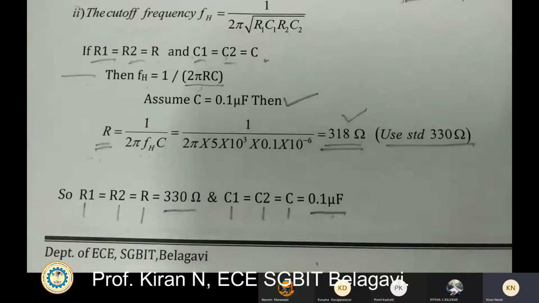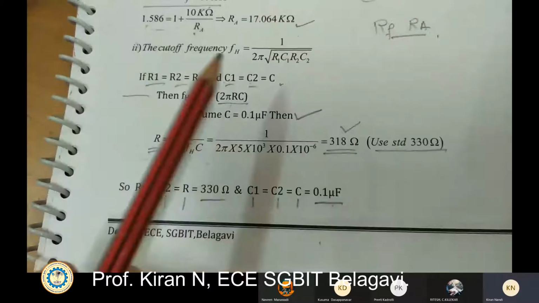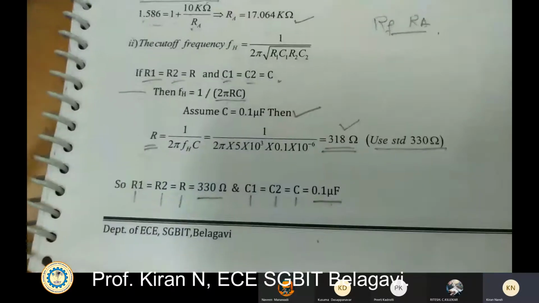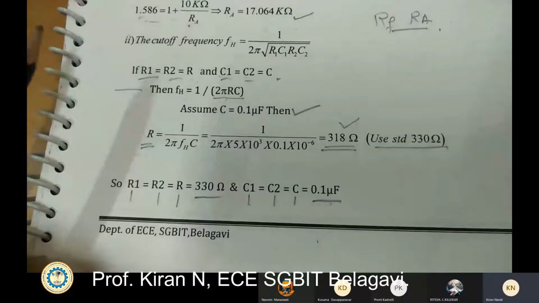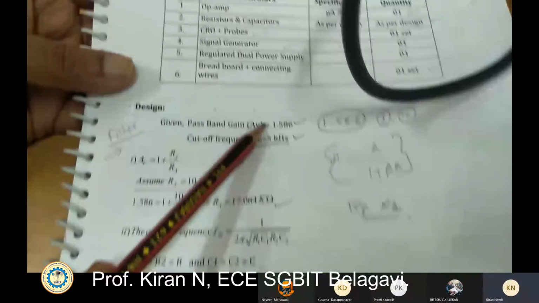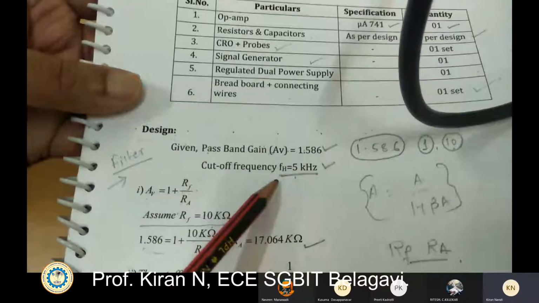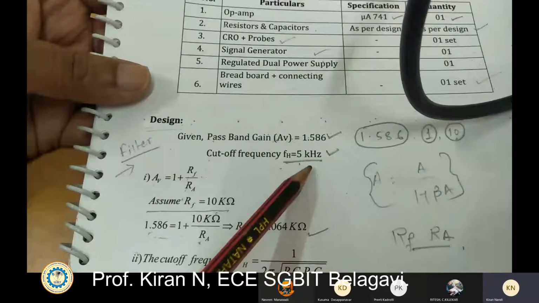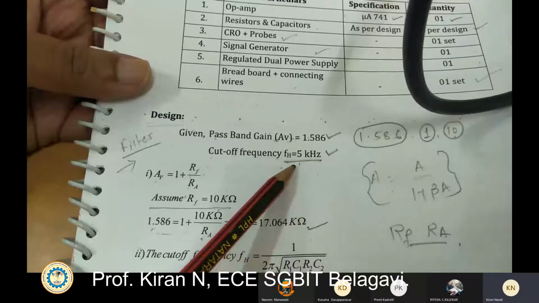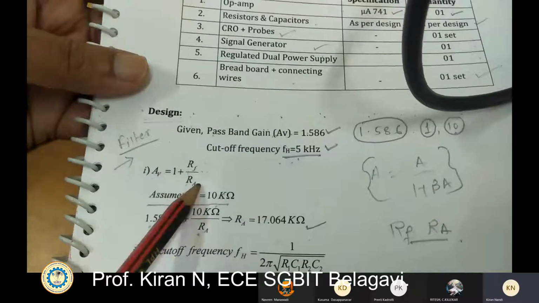So C1, C2, that is C, is equal to 0.1 microfarad. This is the design part of the circuit. What we had here: the gain is already given, and the cutoff frequency is already given. So we have to design the low pass filter for this cutoff frequency. This formula is known to us.